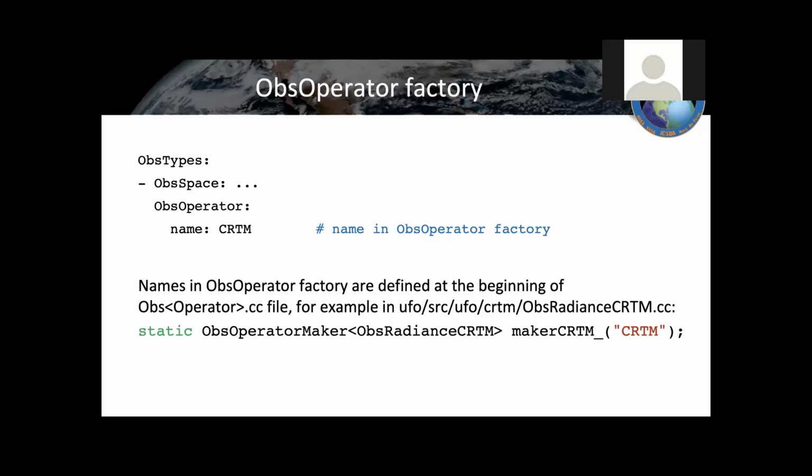And then when we create that new CRTM object, it gets configured according to what other options we provided later on in the YAML or in the same block. And this usually includes some paths to our coefficient files, our channels of interest, whether or not we have water or ozone or any other gases as absorbers, and so on.